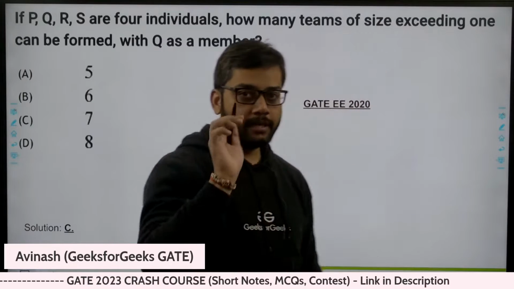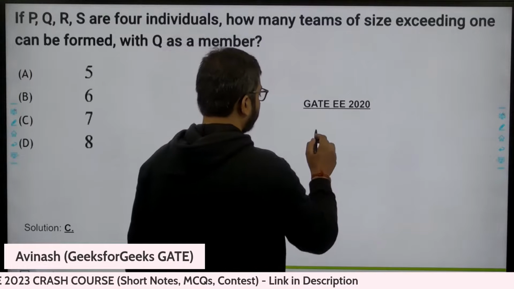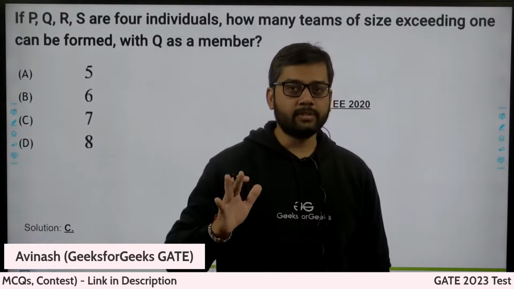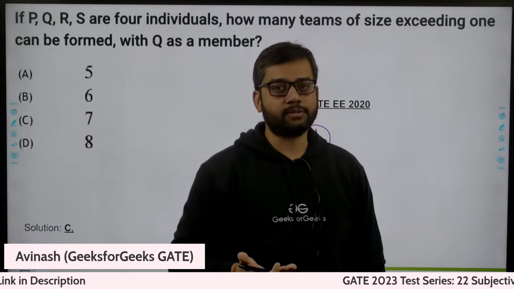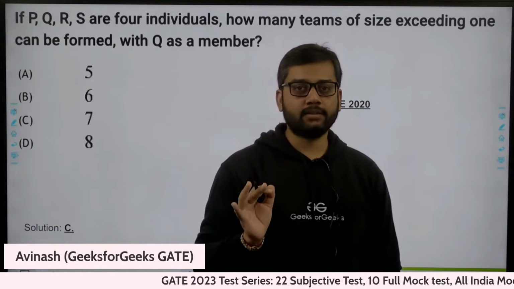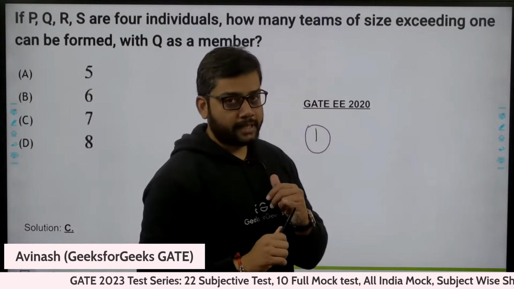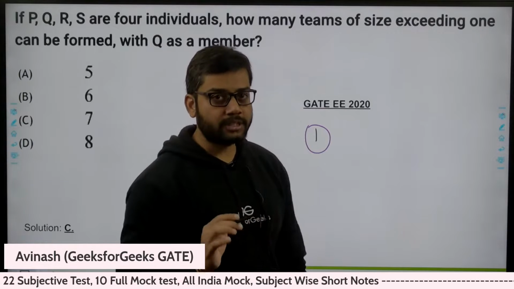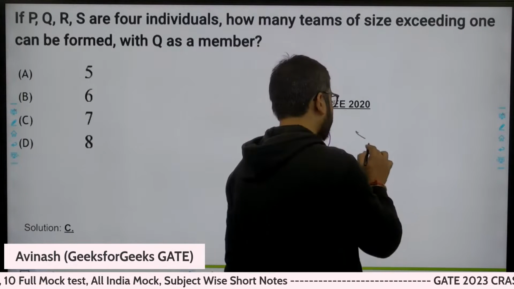Here 2 conditions are given. You might think this is a difficult question, but it is easy. You only need to understand a basic theory. First, there are 4 people and they have to make a team, and the team size will be more than 1.